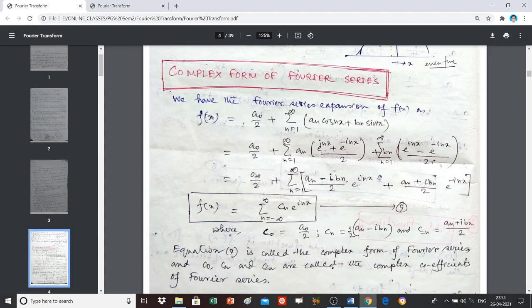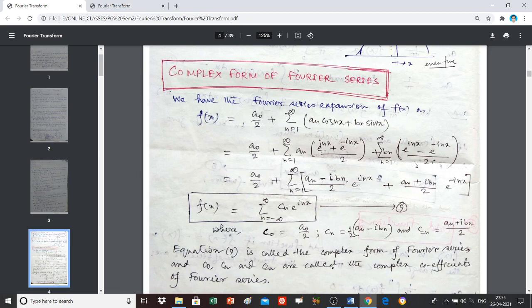The next one is a0 by 2 plus the sum from n equal to 1 to infinity, and just look at this term and this term, e to the inx. So e to the inx is a common term, and from here only an is there, and from this term it is multiplied with this term. Here it is 2i, so multiply the denominator and numerator by i.